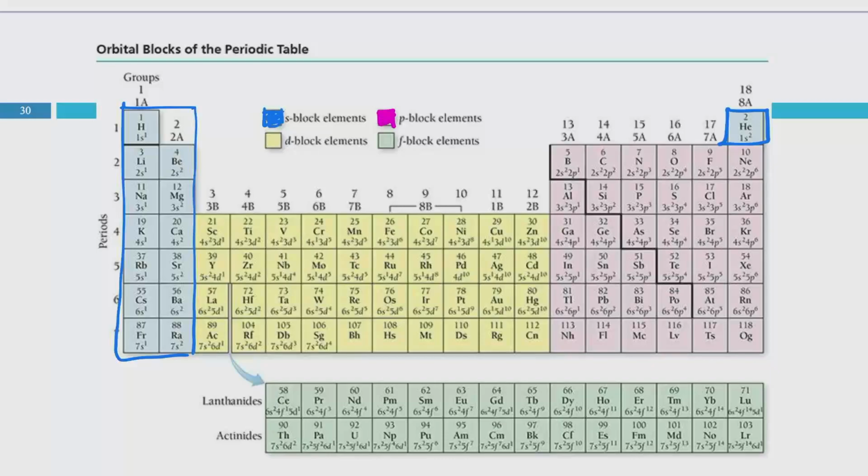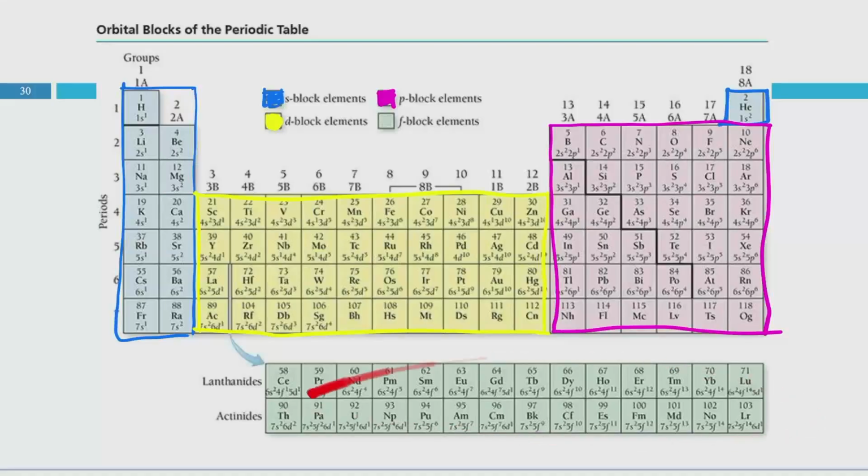So when we're in this block, this far right section, we are filling in p orbitals. We've got our D block that's in the middle, that's our transition metals. So when we're working in this section, we are generally filling up our D shell. And then our nasty F block elements that got pulled out, the lanthanides and actinides, usually sit below the periodic table.